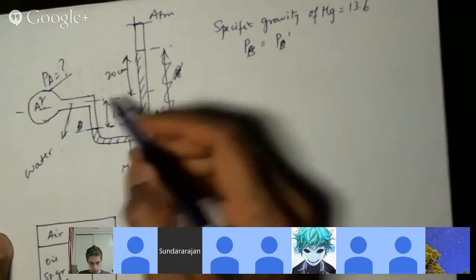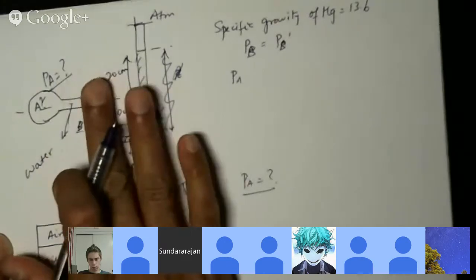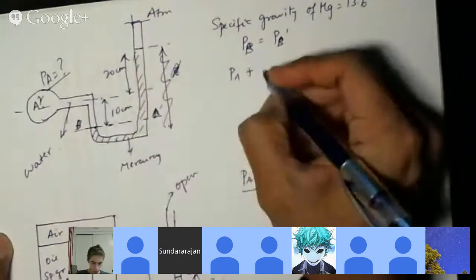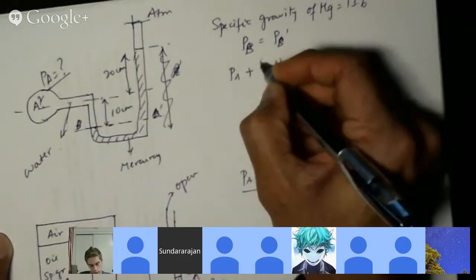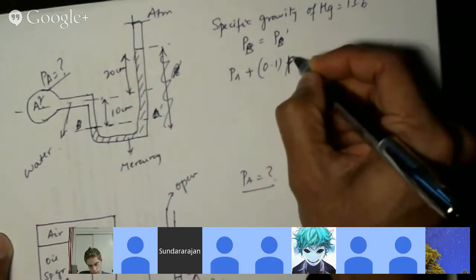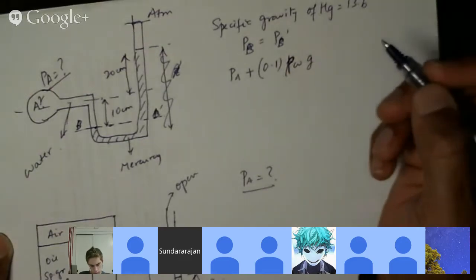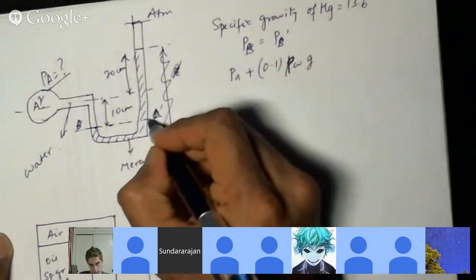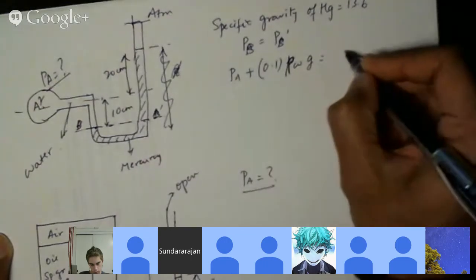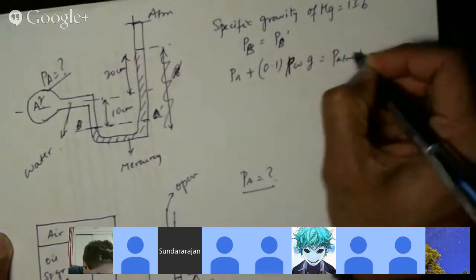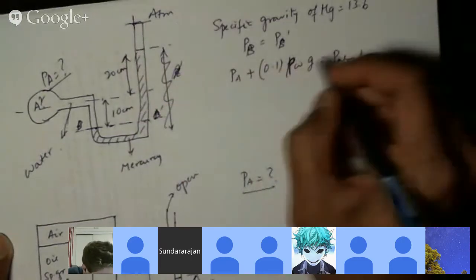So the pressure at B, on this leg, would equal the pressure at A plus this height. And now if I cross over to the other side, I get the atmospheric pressure plus all this stuff.